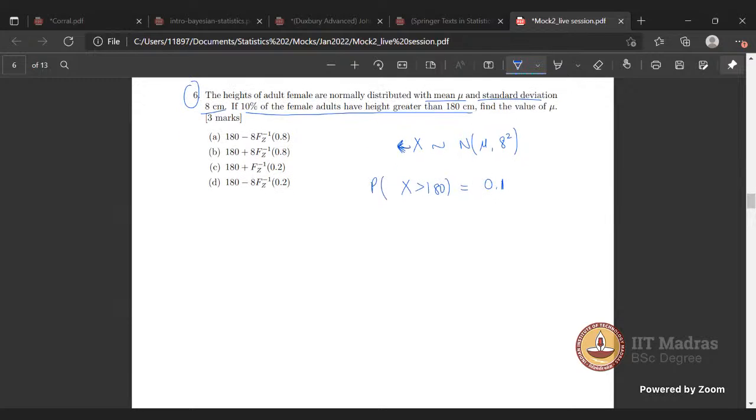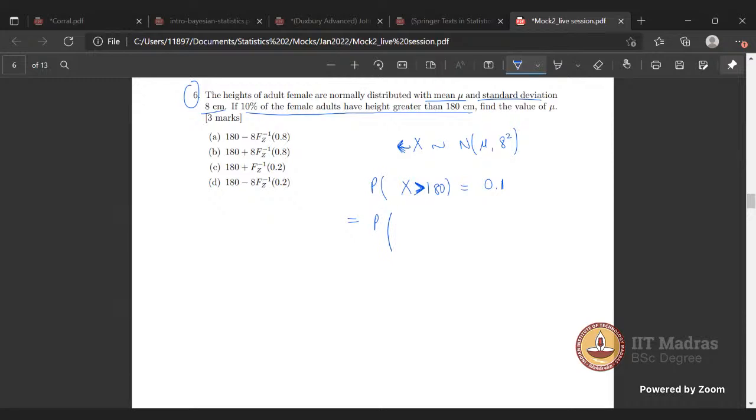So how do we solve this? x is normally distributed, so we can convert this to z. It is quite complicated to solve the PDF of the normal distribution, so we have a simpler approach where we convert our normal distribution to the standard normal and then proceed. We just subtract the mean and divide by the standard deviation.